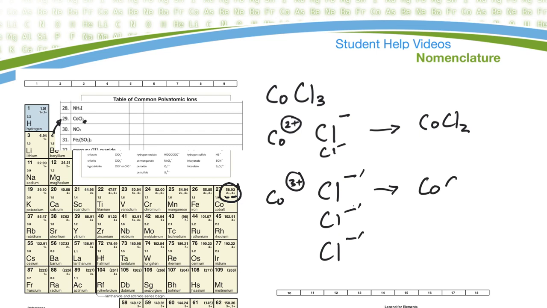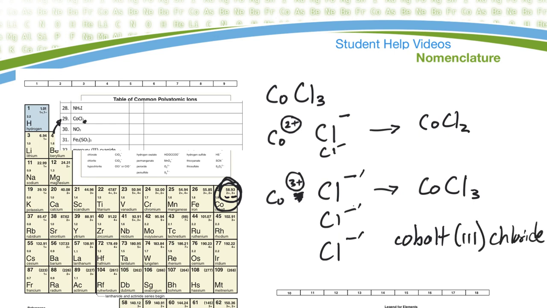So this would be CoCl3. To name that one, because it's a type 2 ion, I'd have to name which ion charge I'm using. So I'm using the 3 plus, so I'd say this is cobalt 3 chloride. All right, hopefully that helps you out with those questions.